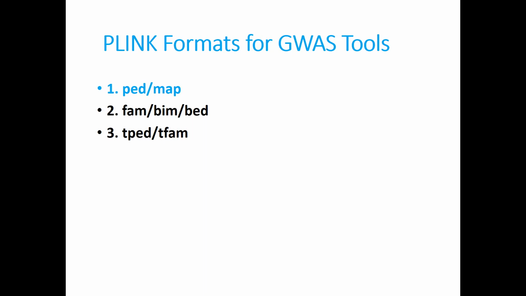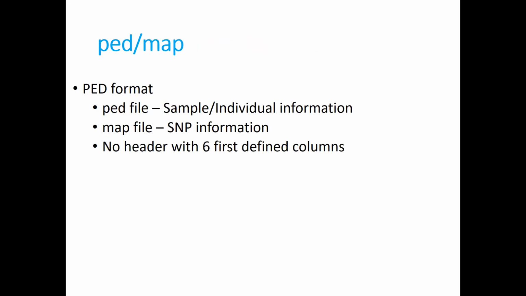Today I will briefly introduce three formats. First, the PED and MAP format. It contains two types of files, PED and MAP. The PED file contains sample information, and the MAP file includes the SNP information.